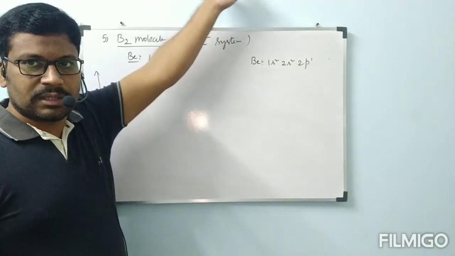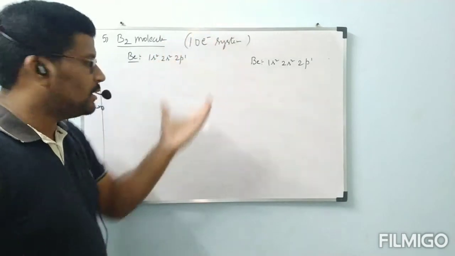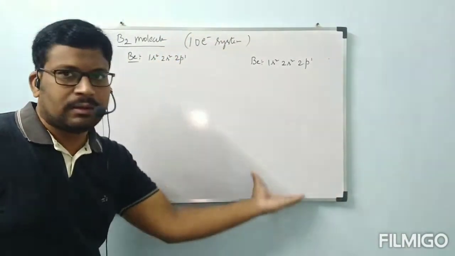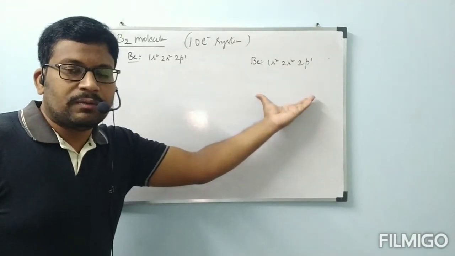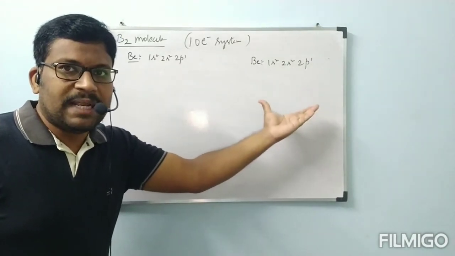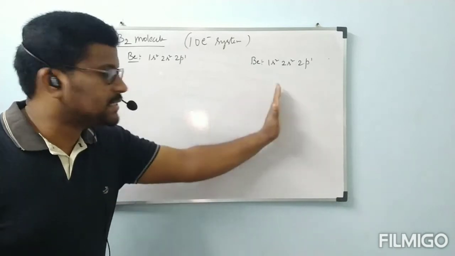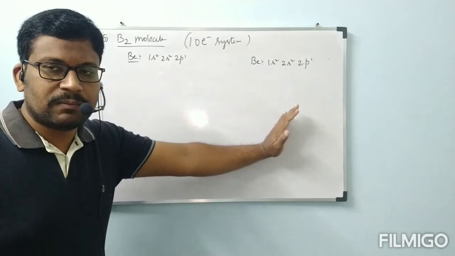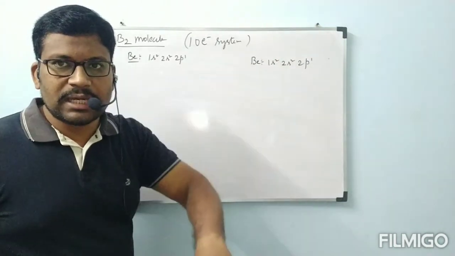It will go up. That's why I'm writing 1s and 2s here, and 2p alone I will write here. Then what you have to do? In your notes, please don't write 2p on the right side. You have some space, definitely you have space in your book, the total page, you can leave that one.